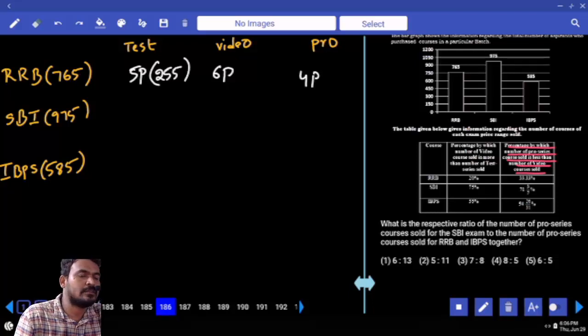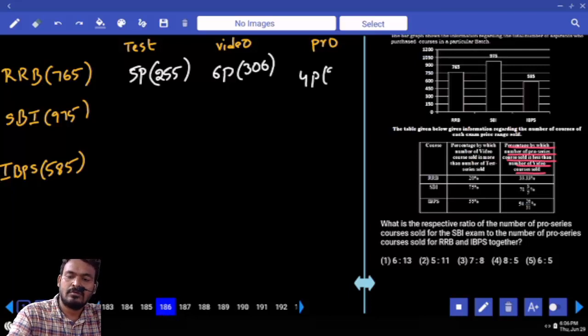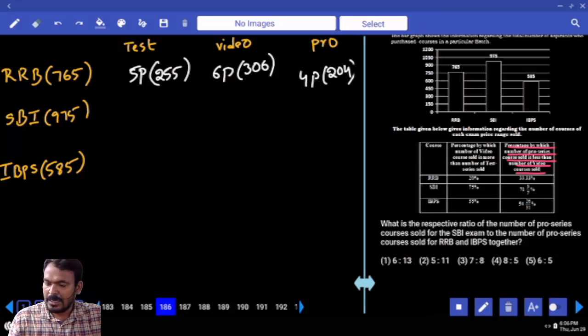Next 6 parts, 306. Next 4 parts, 204. Next SBI.